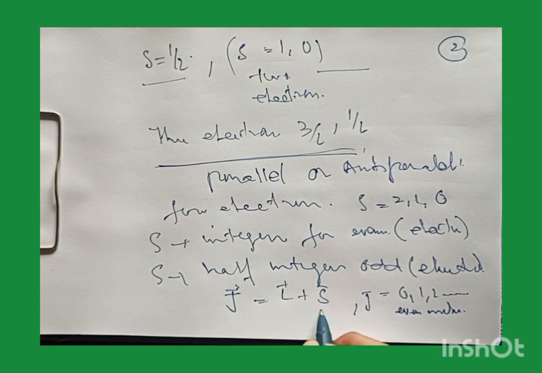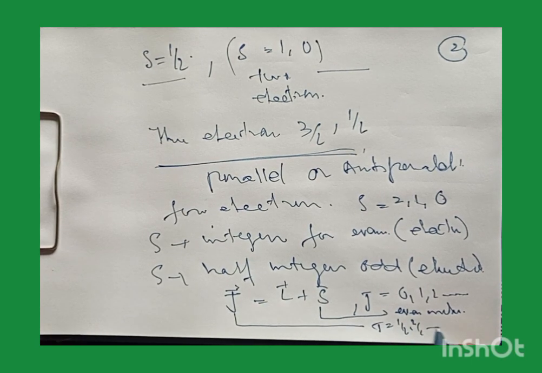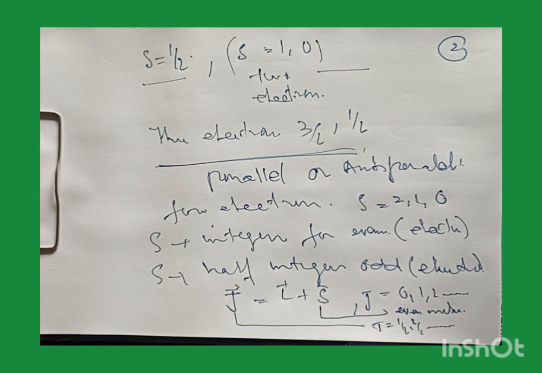Quite simple, because S has that dependence. And similarly, J will have half integer values, say 1 by 2, 3 by 2, and so on and so forth, for an odd number of electrons, when S is half integer.